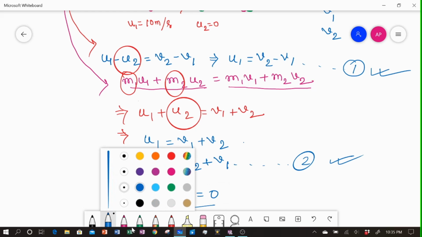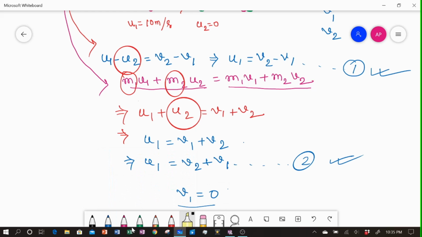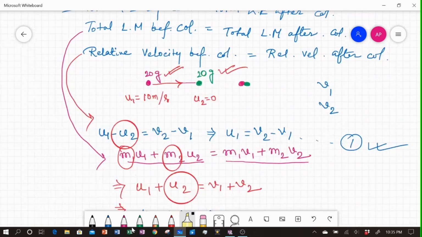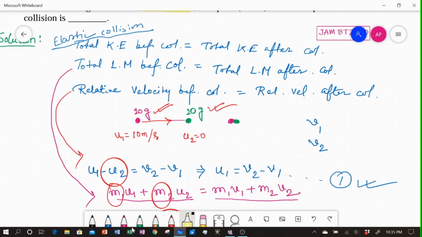Okay, that is, after elastic collision, the velocity of this first particle will become 0, and the velocity of second particle will be equal to u1.